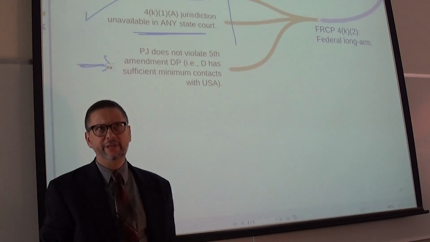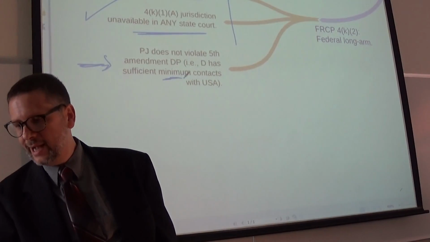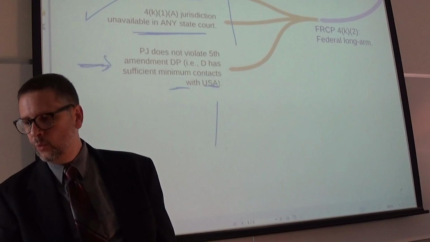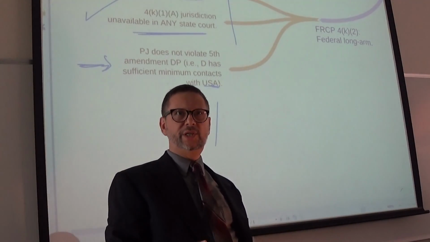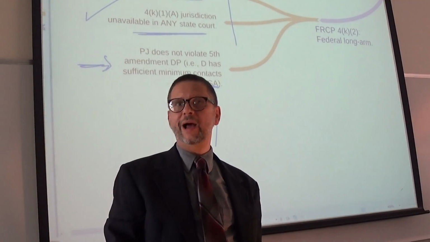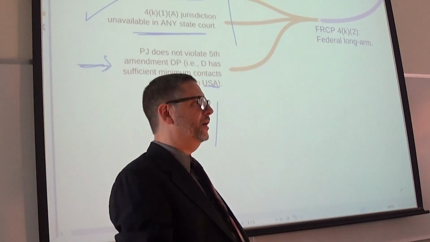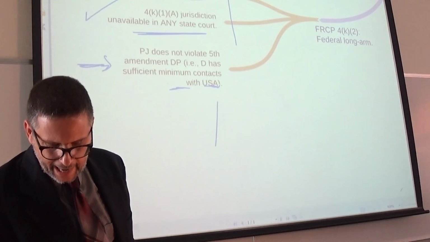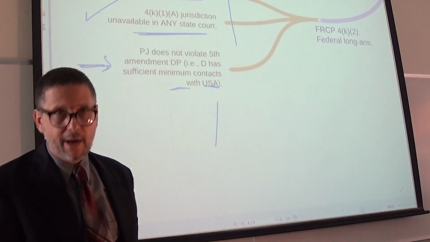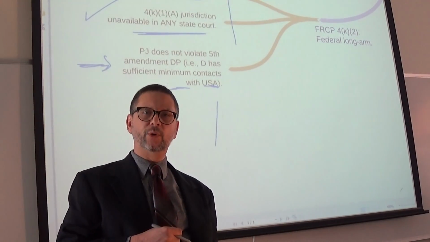In other words, the defendant has sufficient minimum contacts. But the contacts here are not with the state, they're with the USA as a whole, because as we said, in federal court we're governed by the Fifth Amendment, and here the sovereign and the territory is the entire United States. And that's our discussion of the federal long-arm statute.